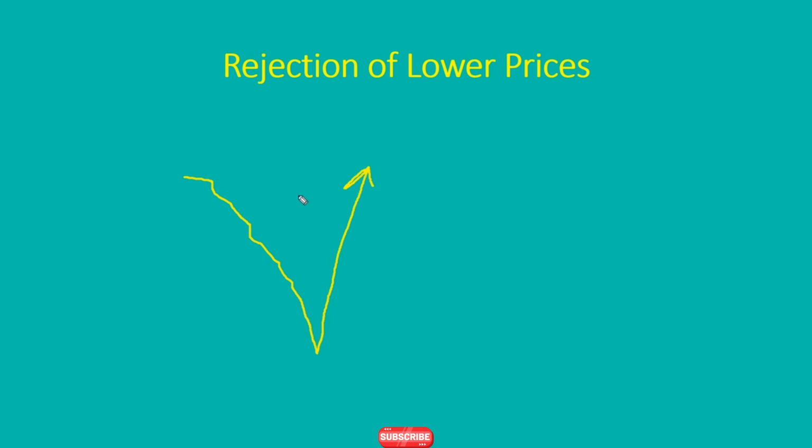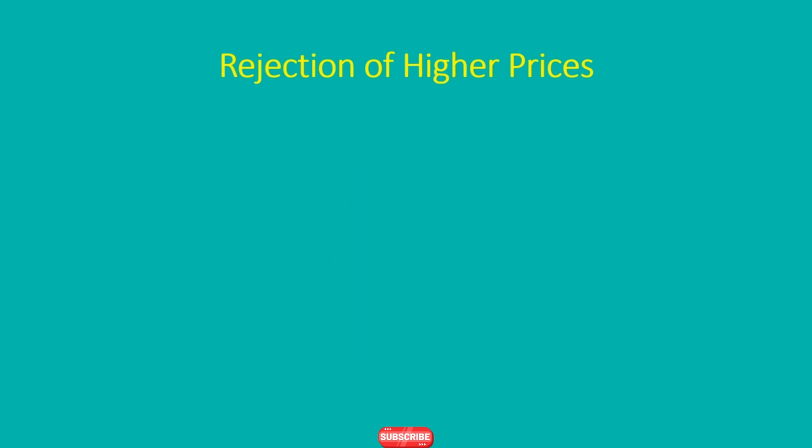It is sellers aggressively pushing the price downwards and then buyers entering the market and pushing the price in the opposite direction. Very similar to that, only reversed, is the rejection of higher prices.